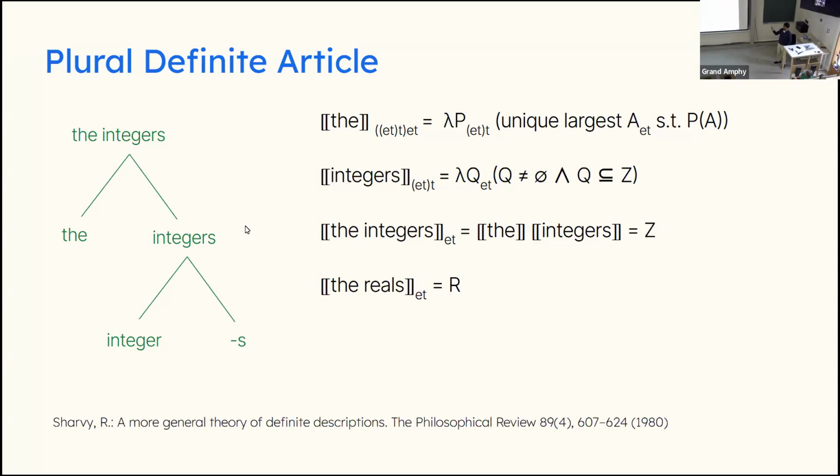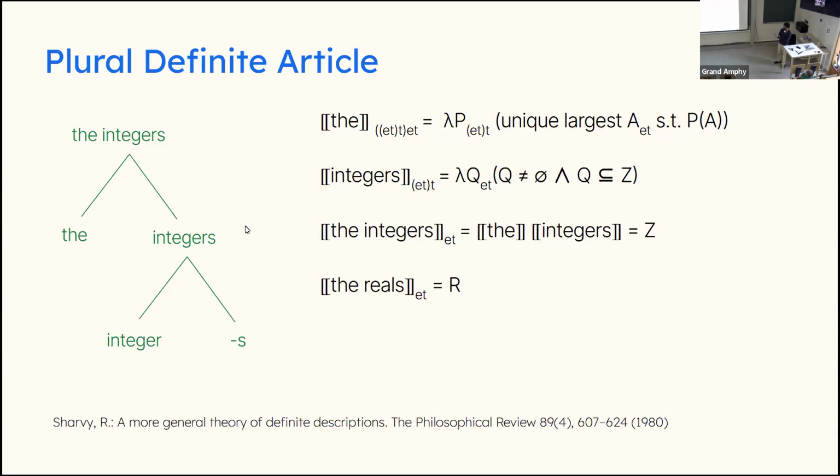So if there's no unique largest subset, then we say that it's nonsensical. So if we apply it to the integers, the meaning of this noun phrase the integers becomes the meaning of the applied to integers, which is the largest unique subset of integers, which is just the set Z itself. So the meaning of the integers is just the set Z, and the integers has the type et.